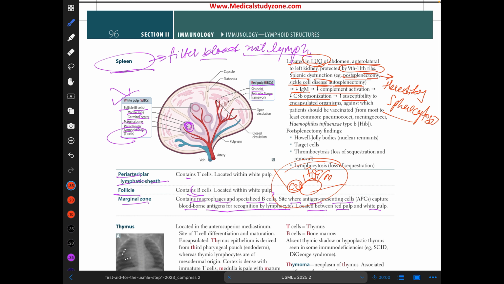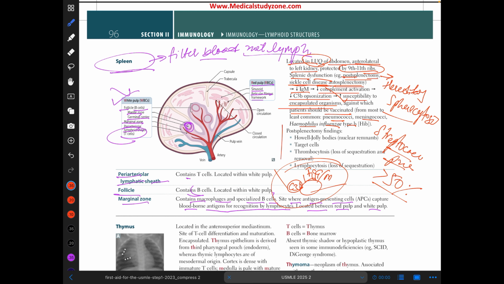If the spleen is dysfunctional, or if we are doing a splenectomy, then there is an increased risk of encapsulated organisms. The most common encapsulated organism is Streptococcus pneumoniae, and it causes death in more than 50% of cases. For these organisms, we vaccinate patients with splenic dysfunction, mostly for pneumococcus, meningococcus, and Haemophilus influenzae type B.